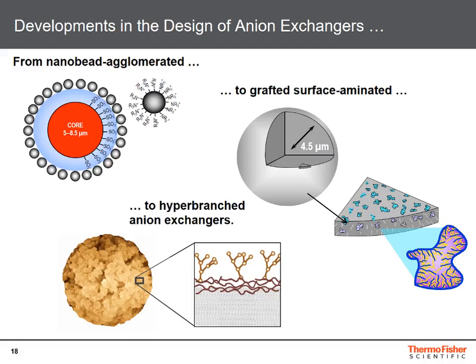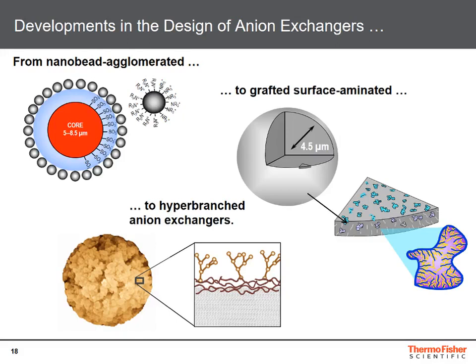This type of material is based on a substrate particle of a certain diameter, which is surface sulfonated so that we have negative charges on the surface, so that we can electrostatically agglomerate a series of nanobeads, with a very, very small particle diameter of about 0.1 nanometer, and those particles are carrying the ion exchange functional groups in the form of quaternary ammonium groups.